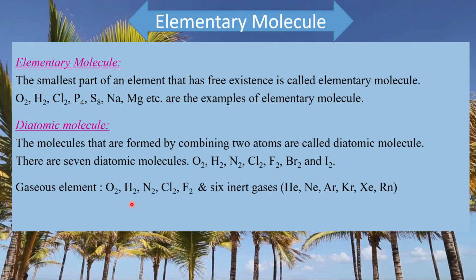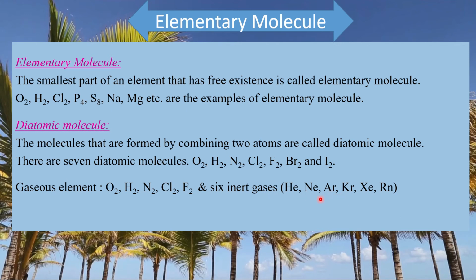But total gaseous elements are these 5 diatomic molecules and also 6 inert gases. You know the inert gases: helium, neon, argon, krypton, xenon and radon. These 6 gases are called inert gases. These are also gaseous molecules, but look, these are monoatomic.